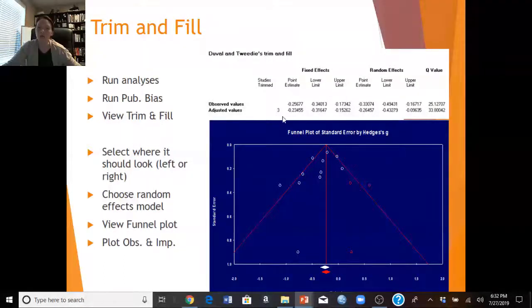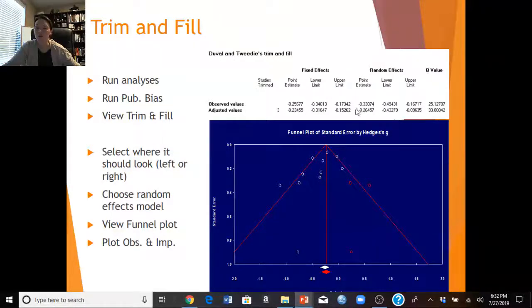So this is how we look at Duval and Tweedie's trim and fill, and how we apply that to our funnel plot. So basically what happened was 3 studies needed to be trimmed, and we see that these 3 were the ones that were trimmed. Here their values are imputed on the other side, and here in the red rhombus is our adjusted point estimate, our adjusted effect size based on that.